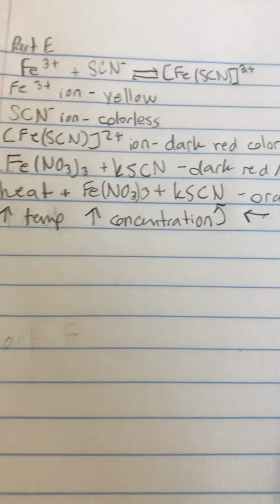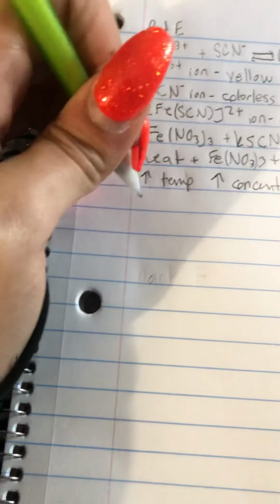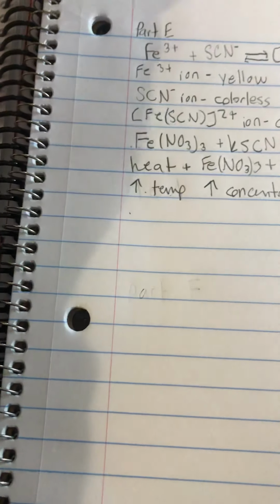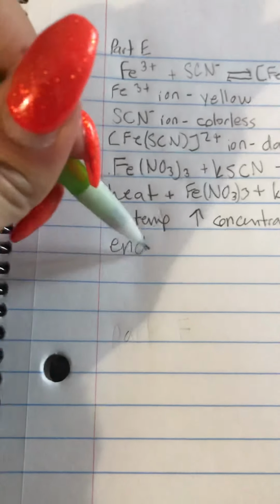The next section of E asks if the reaction was exothermic or endothermic, and since the temperature increased, this means heat was added, so heat was a reactant, meaning it was endothermic.